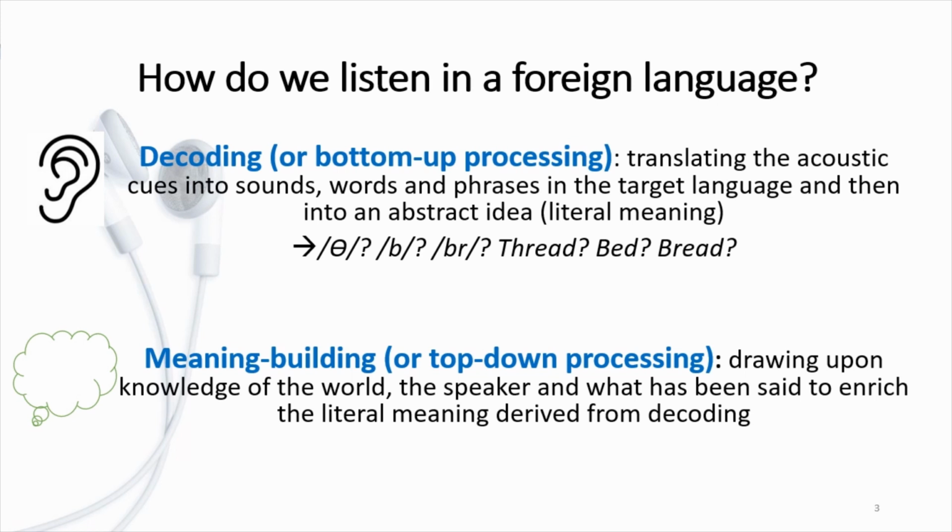If the theme of the text is baking, for example, we'll be more inclined to believe that the word we heard is bread rather than bed or thread. Decoding and meaning building happen simultaneously, not in any specific order, and students need both in order to be able to successfully understand the text.